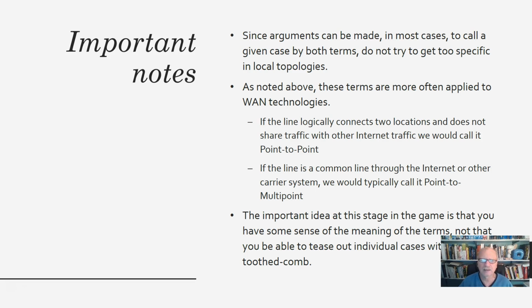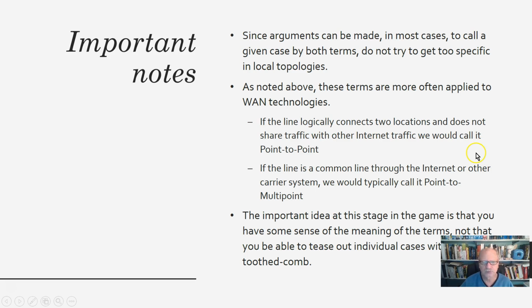Okay, you could make that case. So don't try to get too specific or try to analyze it too much with local traffic. Again, this is primarily about WAN traffic, and we usually use these terms in relationship to long distance or wide area network traffic. If the line logically connects two locations and does not share traffic, we would call it point-to-point.